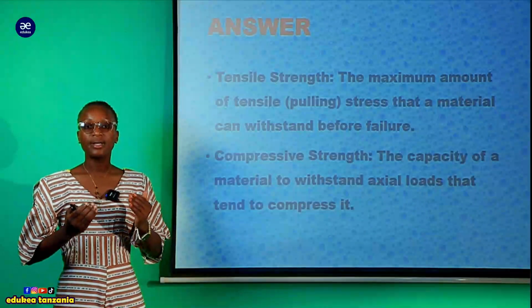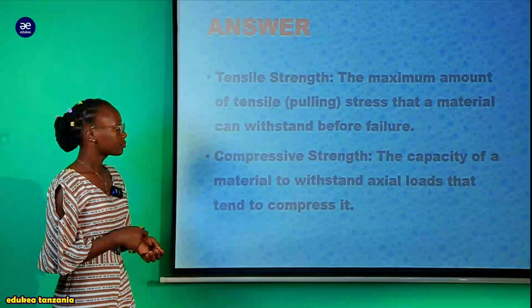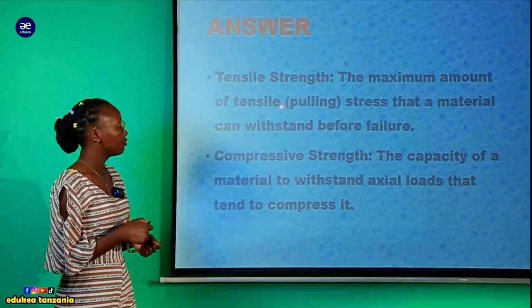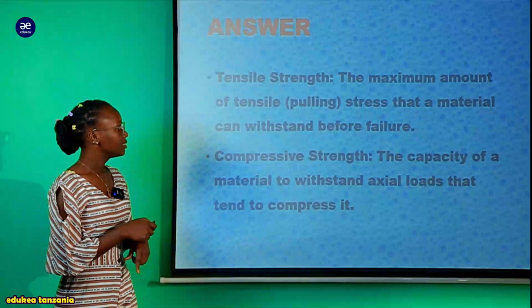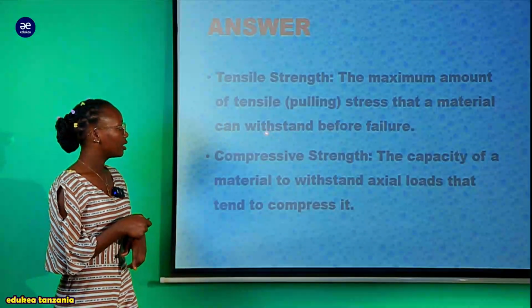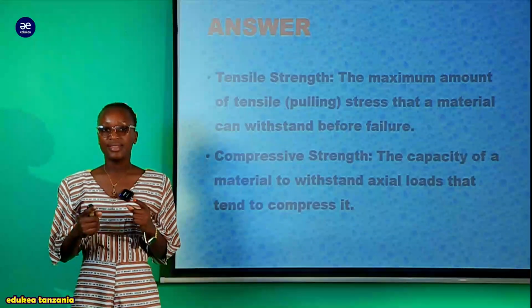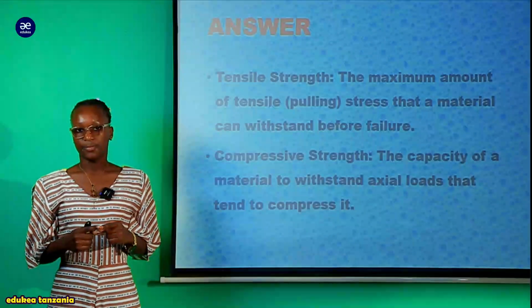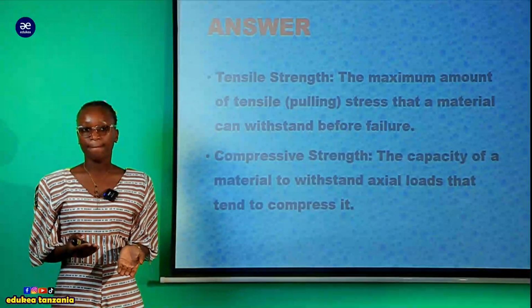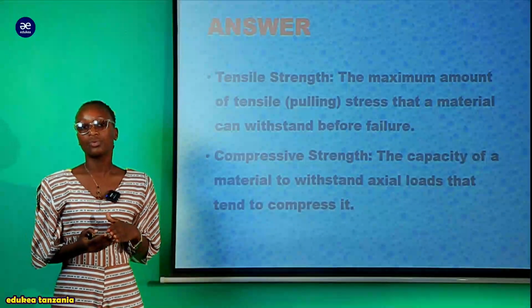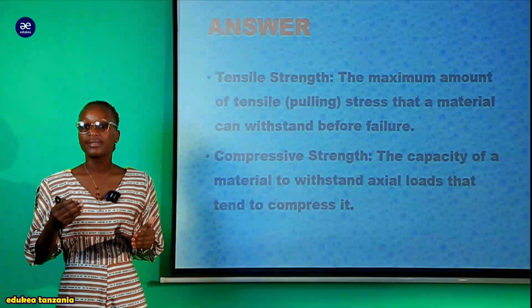Tensile strength. Kwamba that material can withstand before what? Before failure. So that maximum amount of pulling stress or tensile stresses that a material can withstand before failure is what we call the tensile strength. Kwa hiyo some of the metals you can see tend to fail, lakini utakuta ni at a time, and over a time.